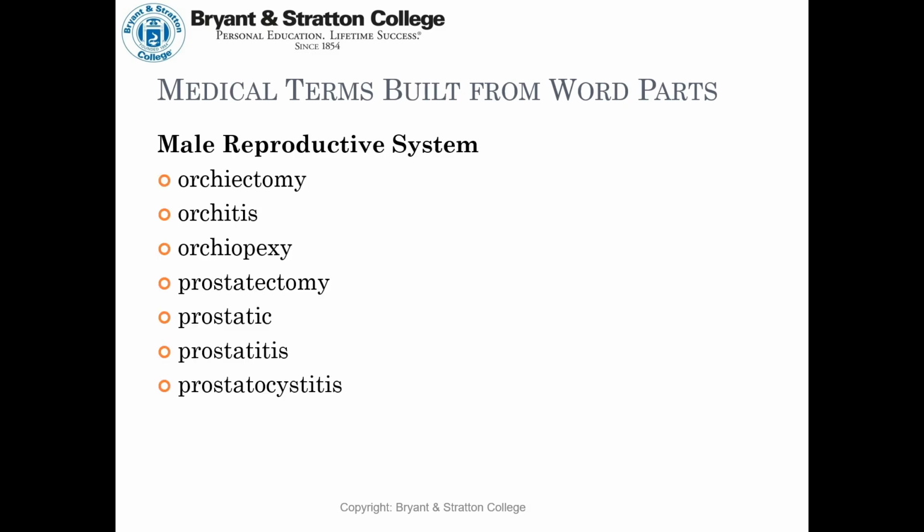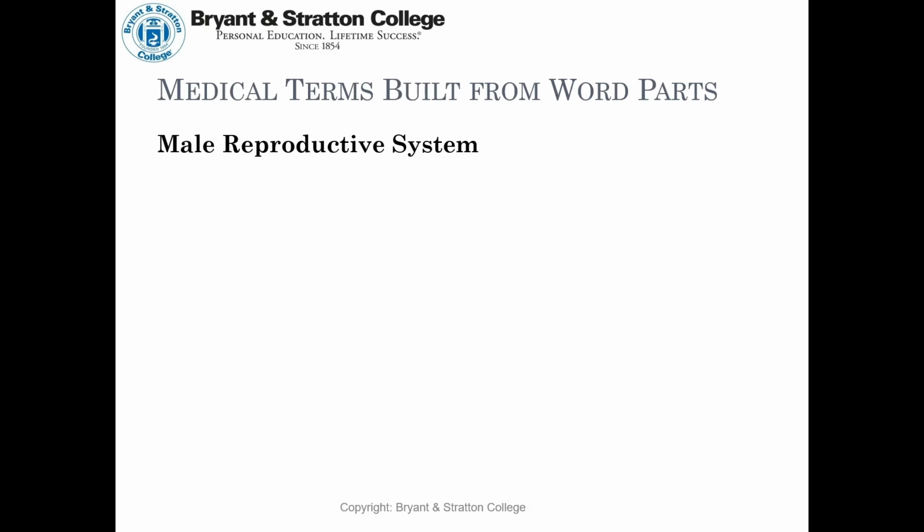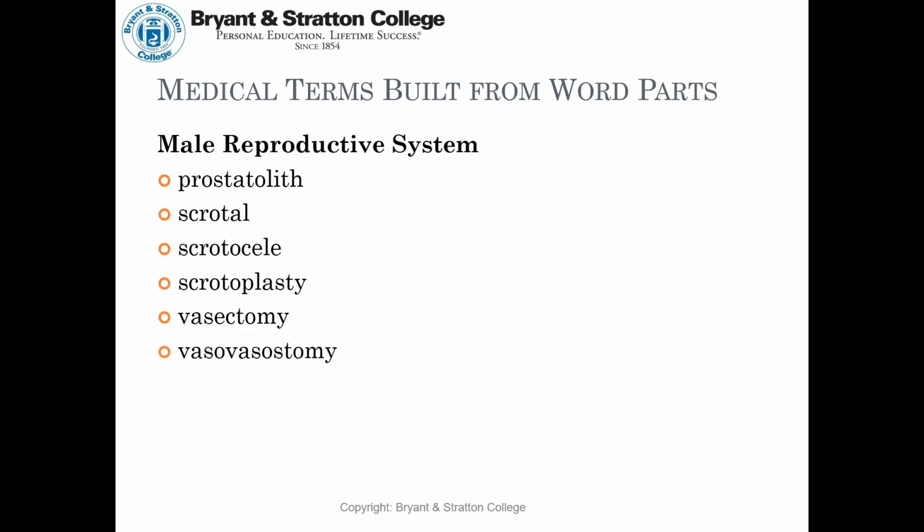Moving on to the male reproductive system, again, remember, orchi refers to the testes, prost refers to the prostate. You can have scrotocele, that's, again, essentially a hernia into the scrotum.